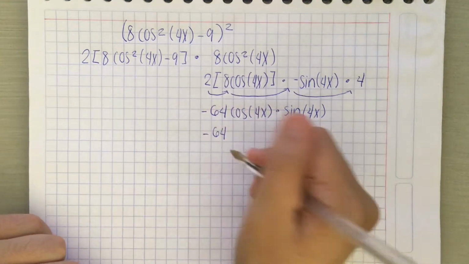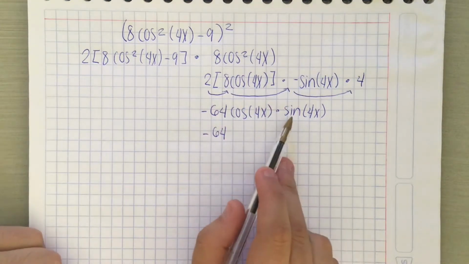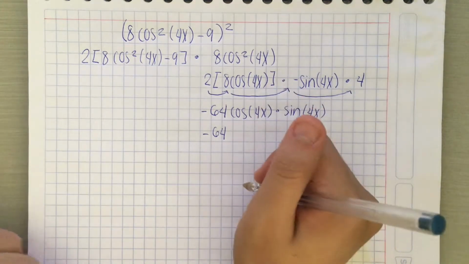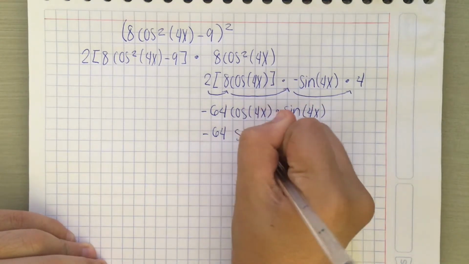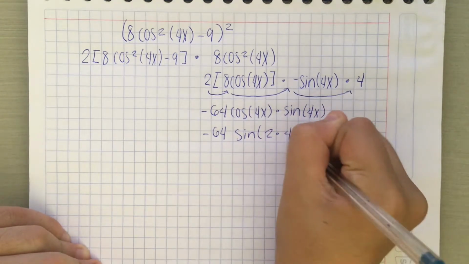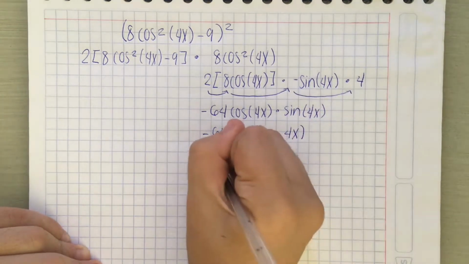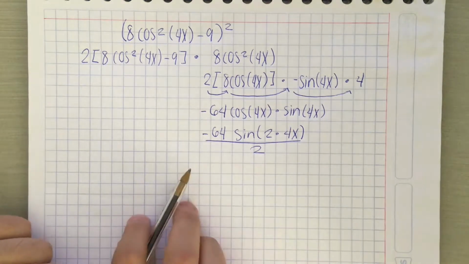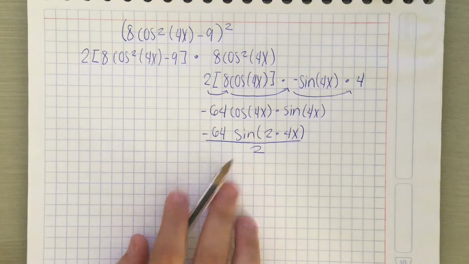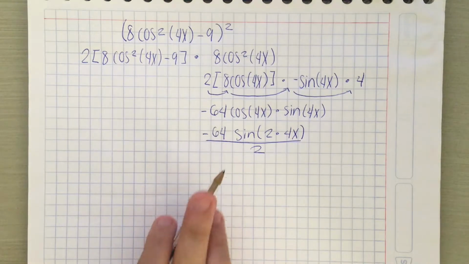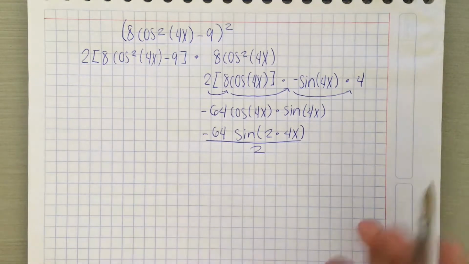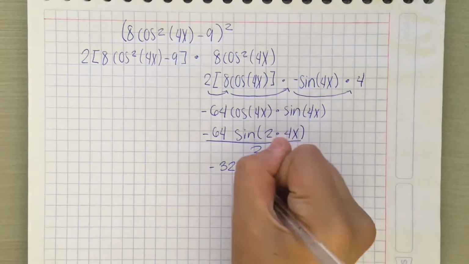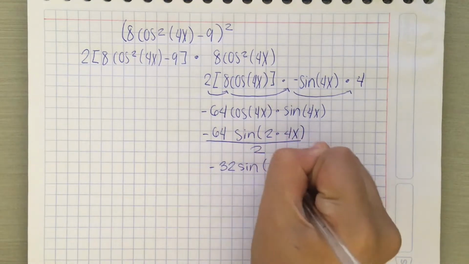Negative 64 cosine times sine is equal to sine of 2 times 4x divided by 2. Now we have to divide negative 64 by 2, that is negative 32, I'm sorry, sine 8x.